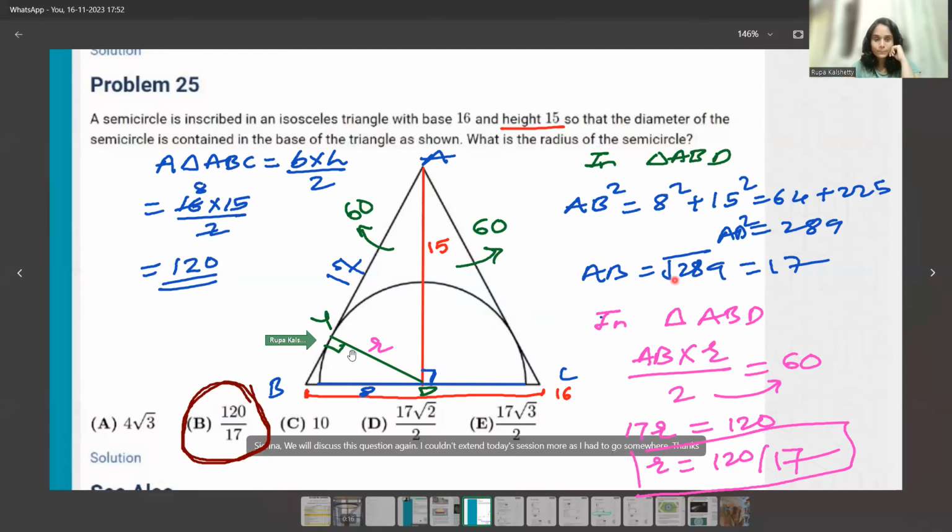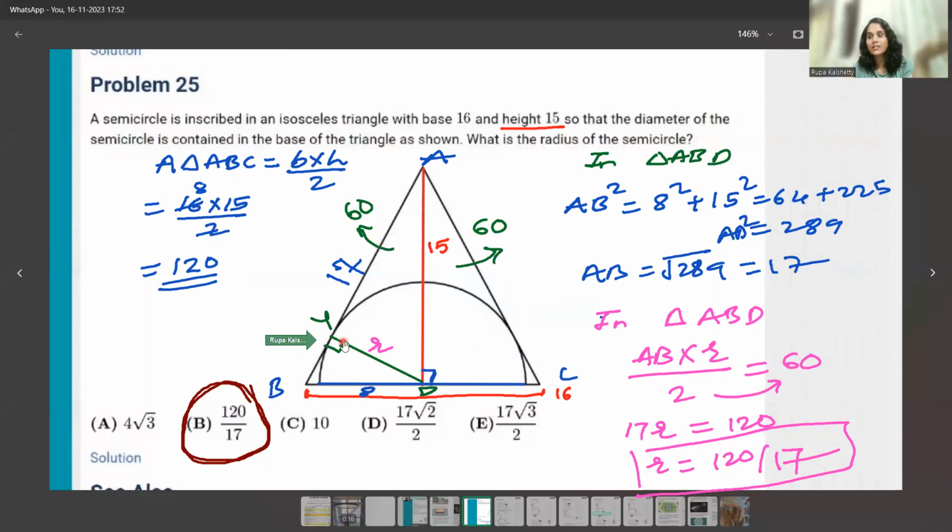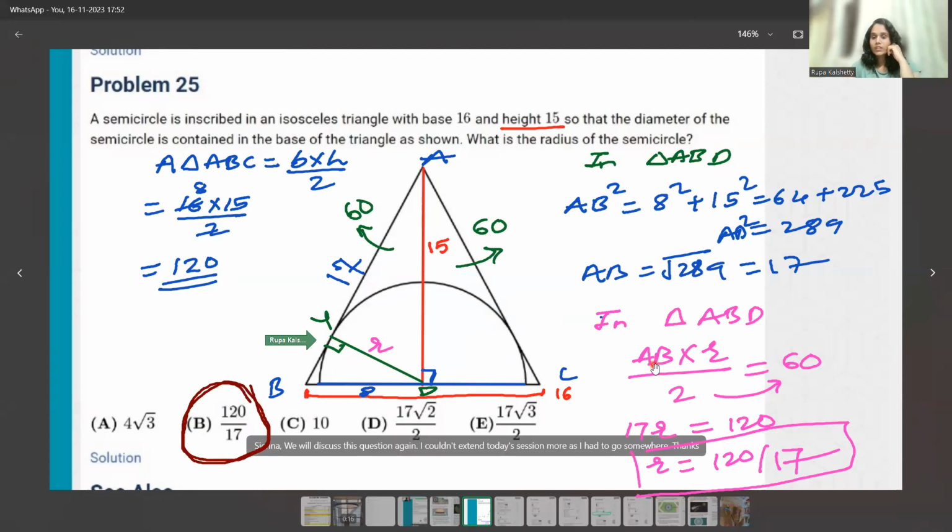And then what did we do? We took this as a base and this as a height because we want to find the radius, and radius is nothing but height. So base 17 times radius R over 2 is going to be 60, because we already know that the area is 60. Then you rearrange it and you find R is equal to 120 over 17.